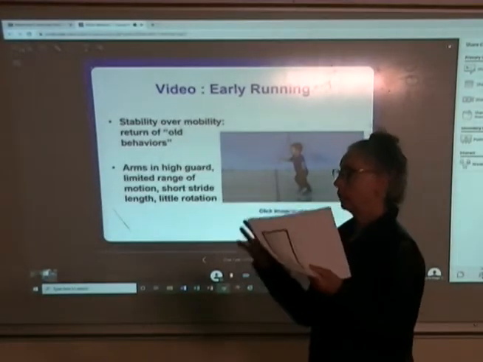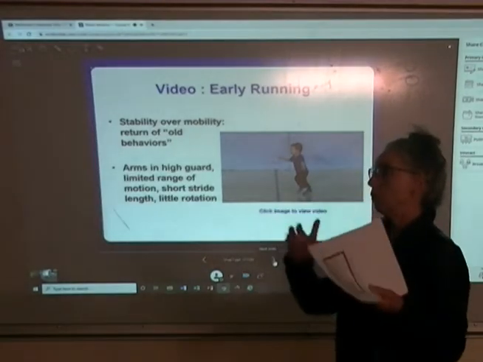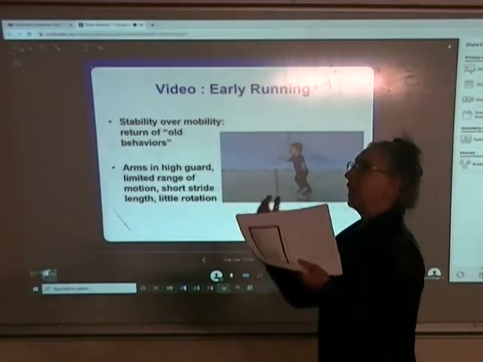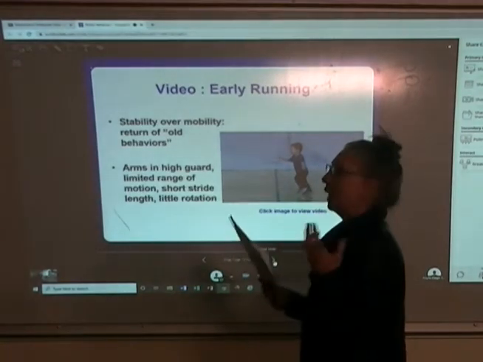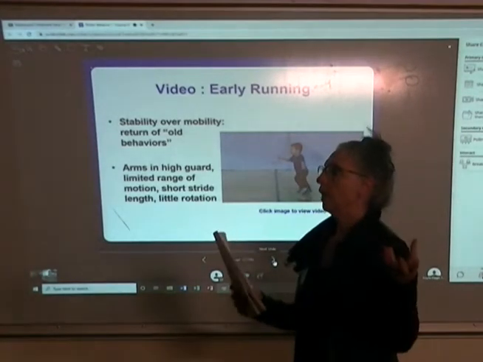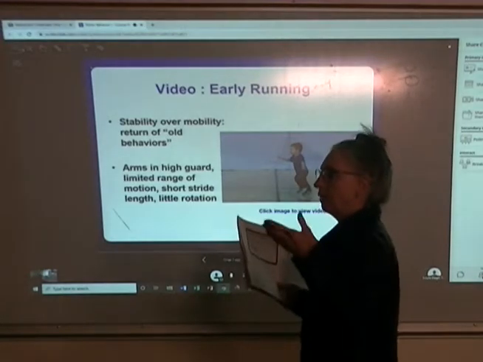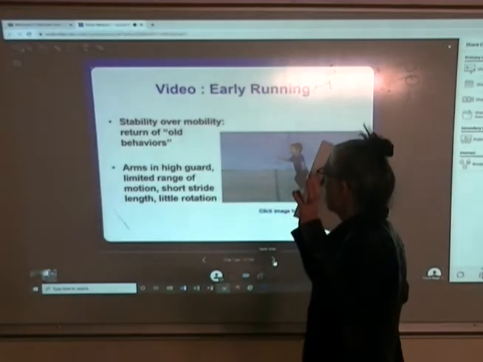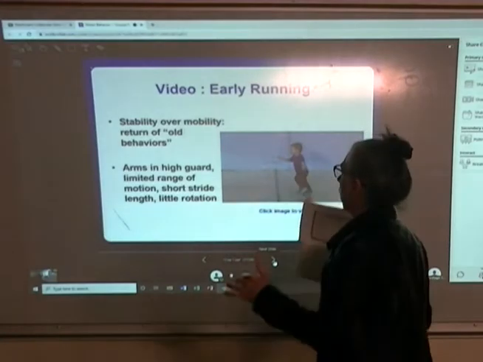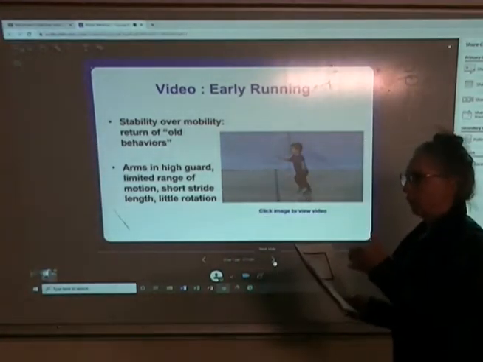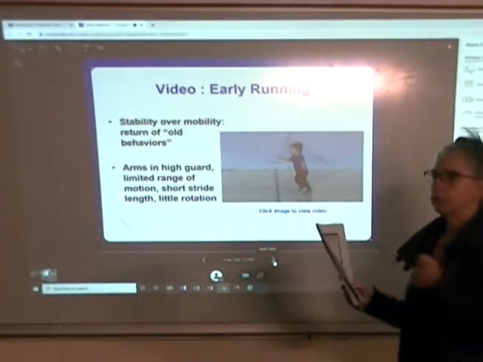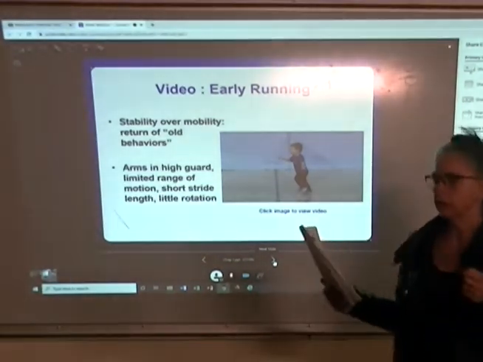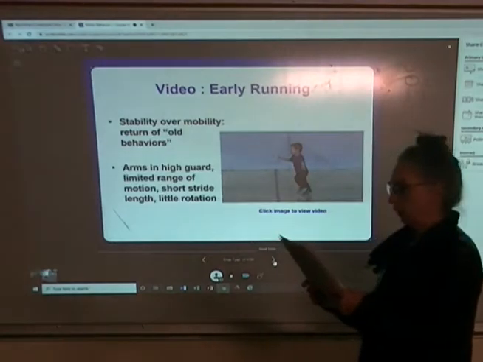Only for the running. Once they go back to walking, then we're back to getting a mobility pattern at this age. So we get these older behaviors that we had when they started to walk. The arms lift up quite high. They don't take very big steps initially. There's no kind of trunk rotation to help them take a longer step, right?